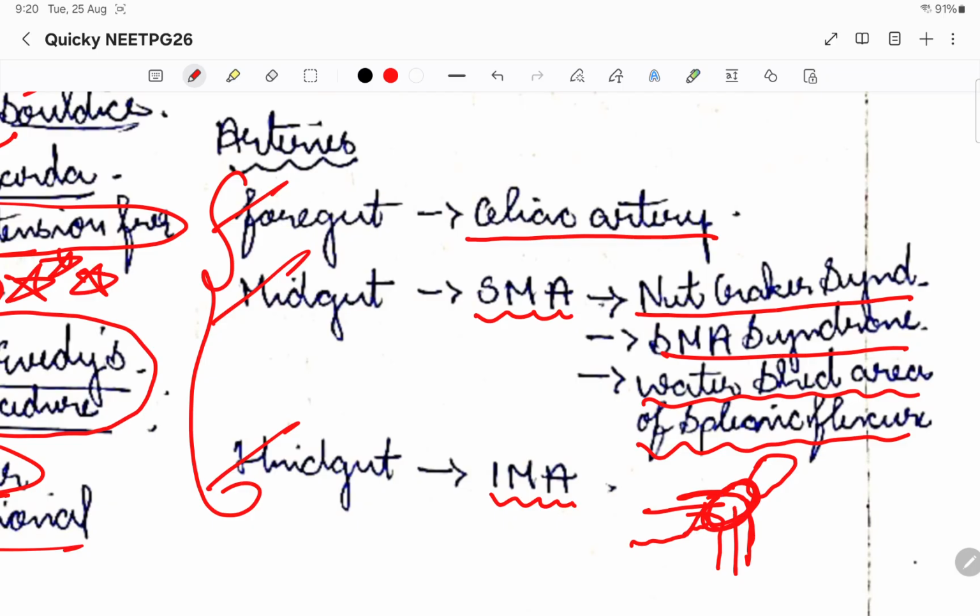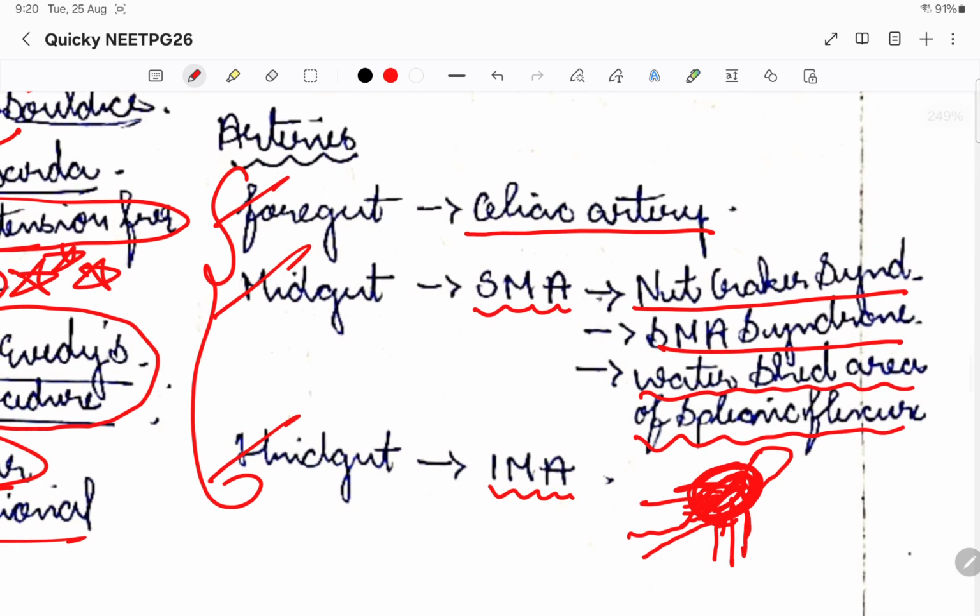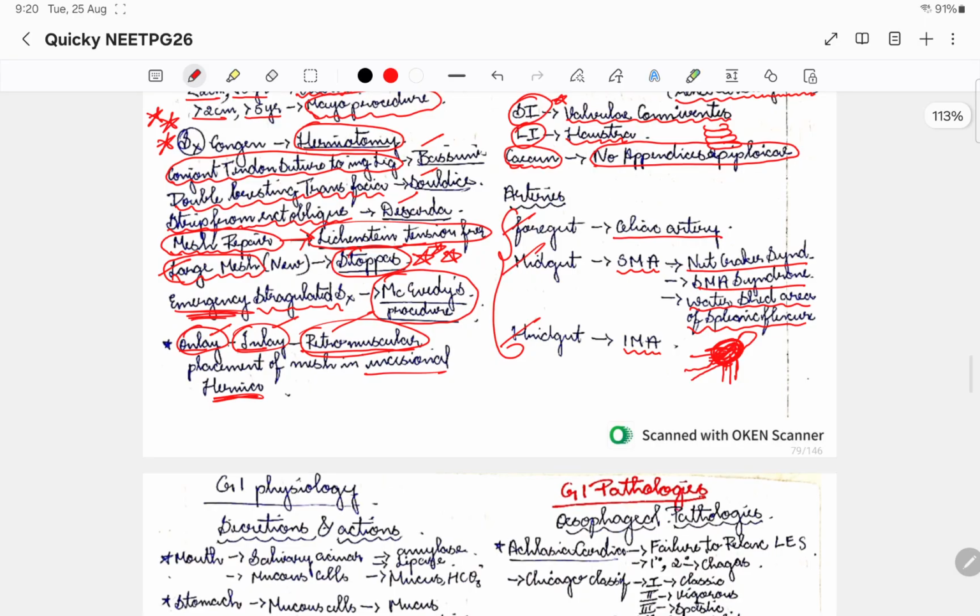Till the end of the transverse colon the SMA supplies, and after that the IMA supplies. But in this zone there is no direct blood supply at all, so it gets its collaterals from these two arteries. If there is some damage to the collaterals, it might go to gangrene, so there might be necrosis. That is why the watershed area is very important with respect to the SMA. So that is with respect to arteries.